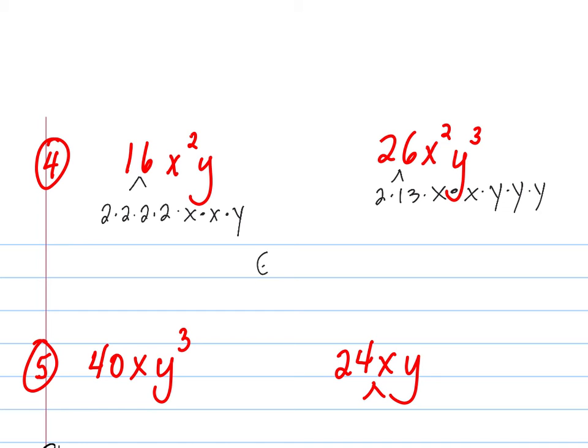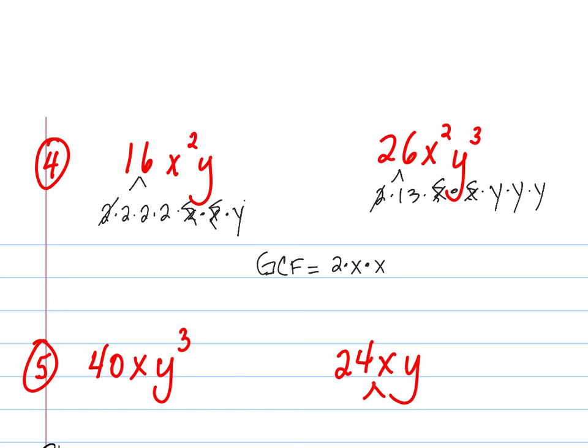So to find the greatest common factor, we do it exactly the same way. Is there anything that they share number-wise? Sam? They both have a 2. So mark it out, write it down. Now look at the variables. This one has an x, this one has an x, so I write it down. But they both have another x, so mark it out, write it down.